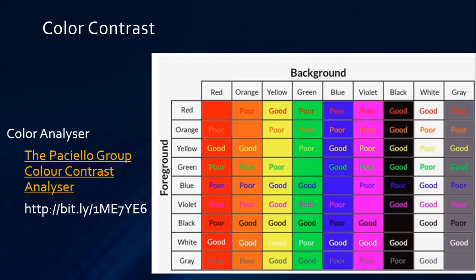Now, if it's just a quick reference you need, the image here shows columns and rows of background and foreground color combinations, and then very quickly it says, is it good or poor? And so this is a nice little quick reference to use for making choices on color for the slide and then also the font.